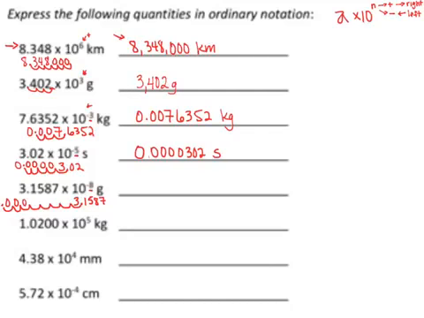Teeny tiny number. Okay. So here my answer is 0 point, we have 1, 2, 3, 4, 5, 6, 7 zeros, and then 3,1587 grams.